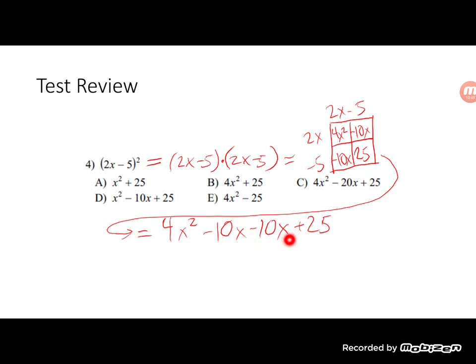They share the same variable with the same exponent. So I'm going to go ahead and combine them, negative 10 and negative 10. Well, that's like being in debt $10 twice, so that would be negative 20x plus 25 and 4x squared. And now I do see that answer there. It's going to be right there.